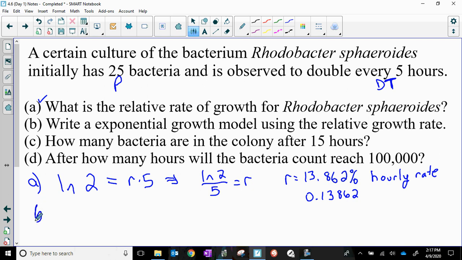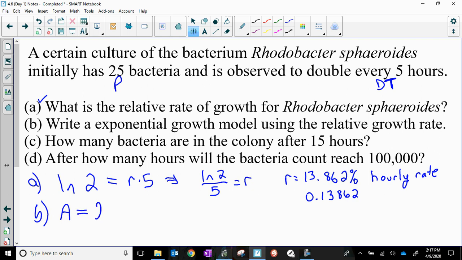Part B, just the same thing we did before, write an exponential growth model. Rather than trying to figure out the pattern like we did before by using the table, I'm just going straight to A equals PERT. If you want to call it N of T like the book does, that is fine. I don't really care.